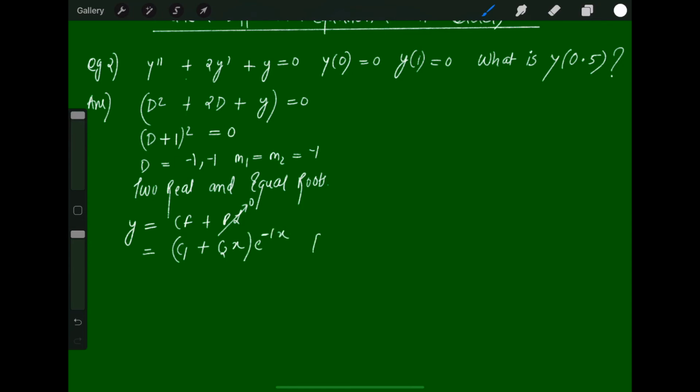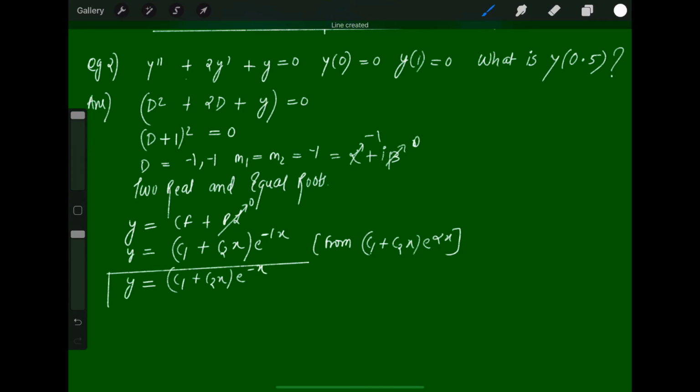Now using the equation y is equal to CF plus PI, where CF is equal to (C1 plus C2 x) e to the power alpha x, because these are a pair of real and equal roots. So the general solution is (C1 plus C2 x) e to the power minus x.